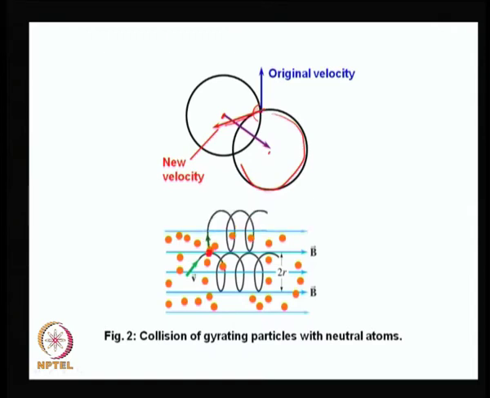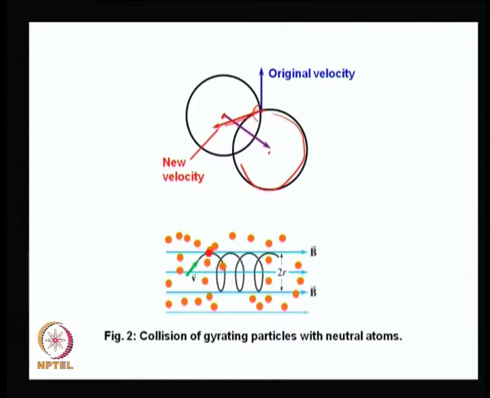The direction of its velocity changes, and so now it gyrates about a different field line, and the guiding center shifts. So, the charged particle has moved across the B field because of the collision. This is how particles diffuse in a collisional plasma in the presence of a magnetic field. Let me just demonstrate this again to you.